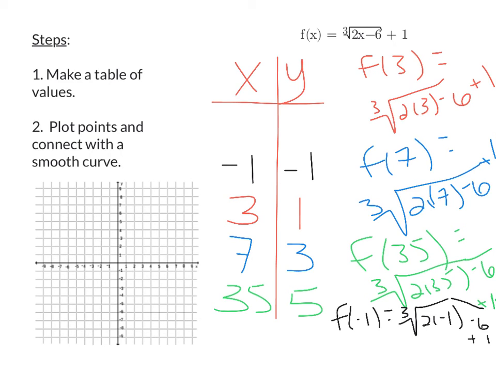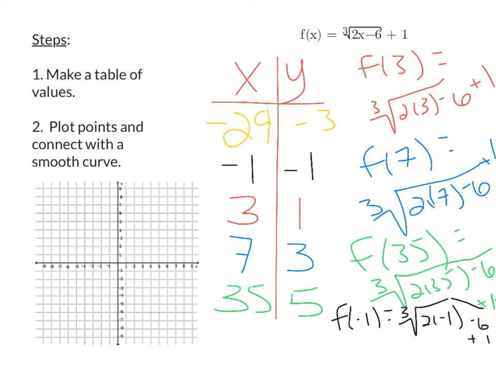If 2x minus 6 equals negative 64, then 2x equals negative 58. Well, 2 times negative 29 gives me negative 58. So I would now plug in negative 29, and f of negative 29 would equal negative 3.